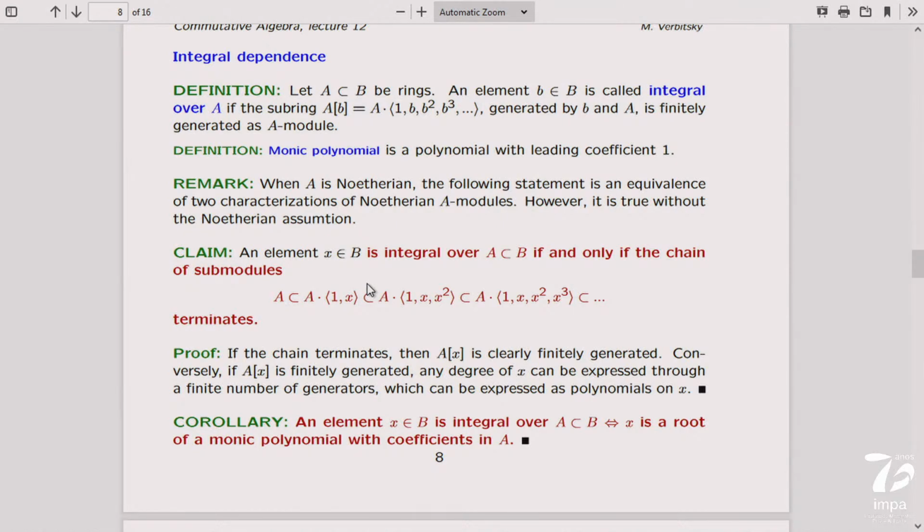This is very simple, similar to what we had when we discussed Noetherian modules, with a twist, because the twist is that we have two kinds of finite generatedness, and this is the second kind, not identical to the first kind. Let me explain. So definition.